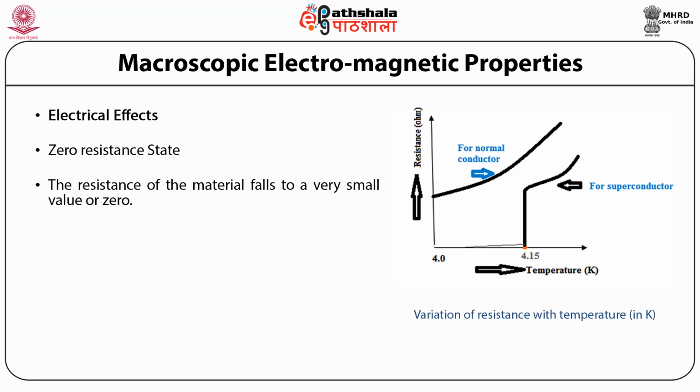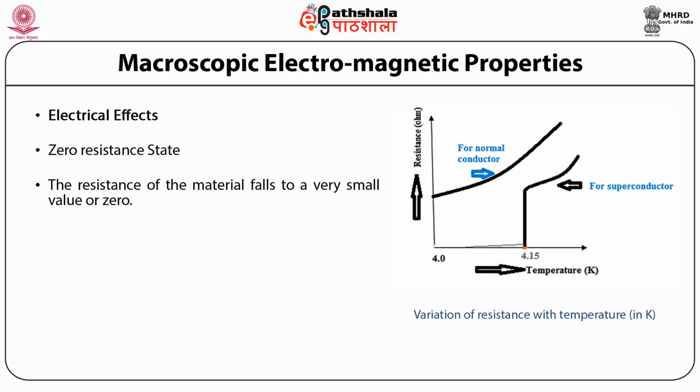Whereas in the case of a special kind of material which we call a superconductor, if we decrease the temperature, then at a particular temperature, as in the figure at around 4 degrees Kelvin, there is an immediate fall of resistivity or resistance, which is even equal to 0.